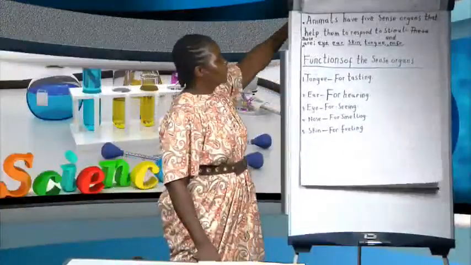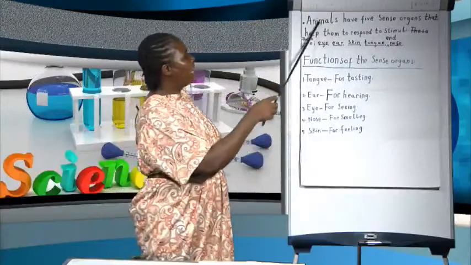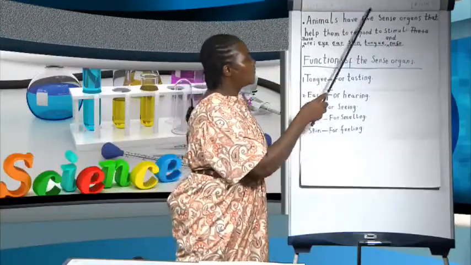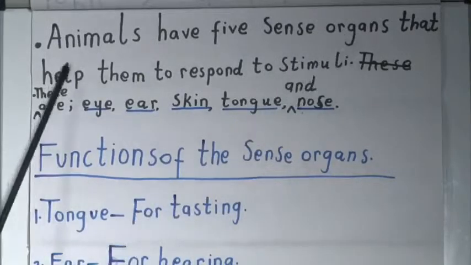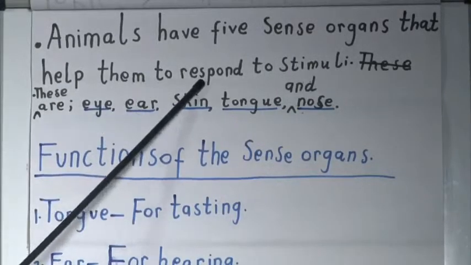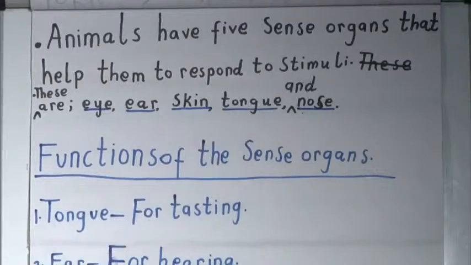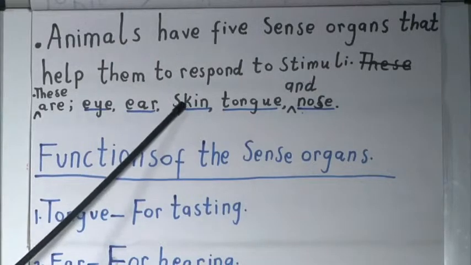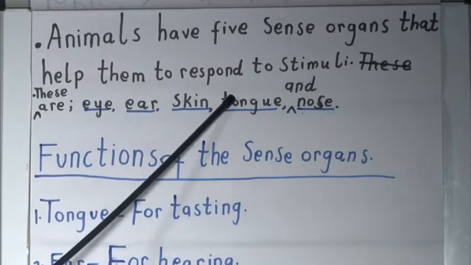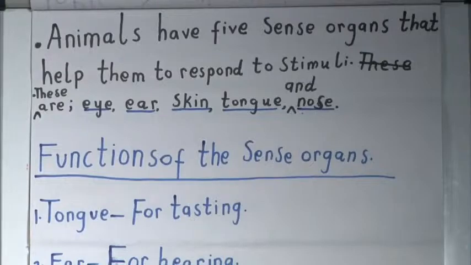Let's go back. Animals have 5 sense organs that help them to respond to stimuli. These are eye, ear, skin, tongue, and nose.